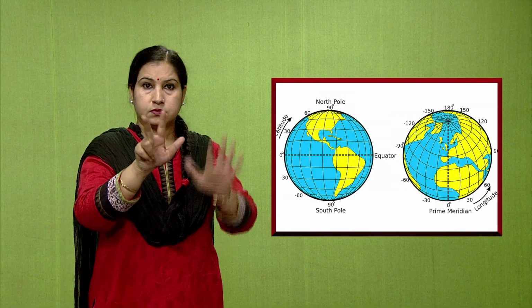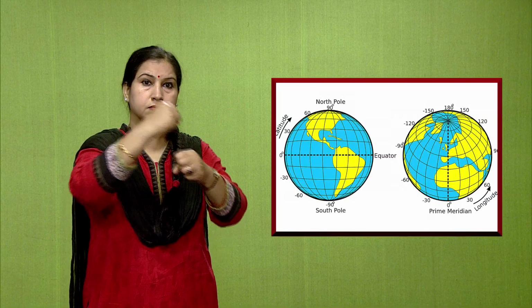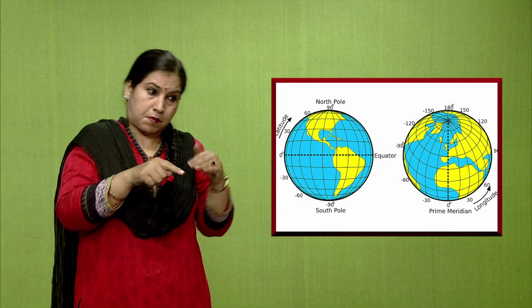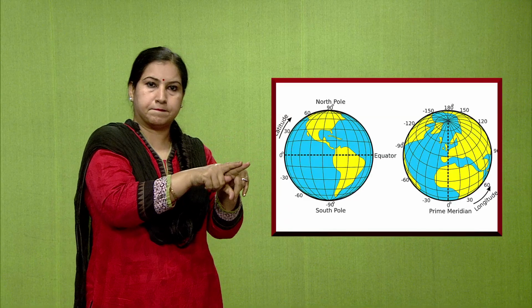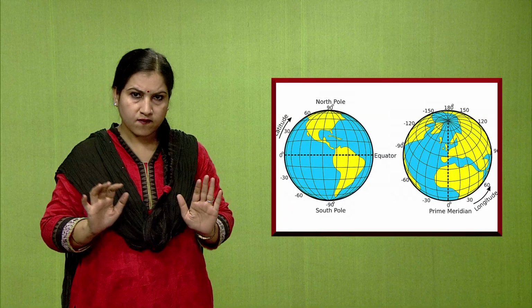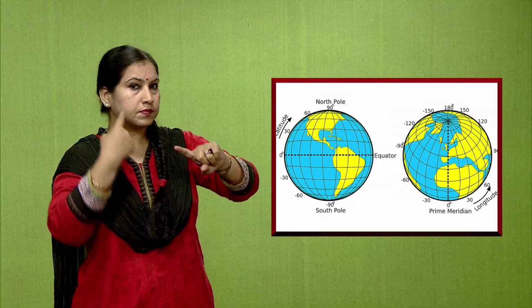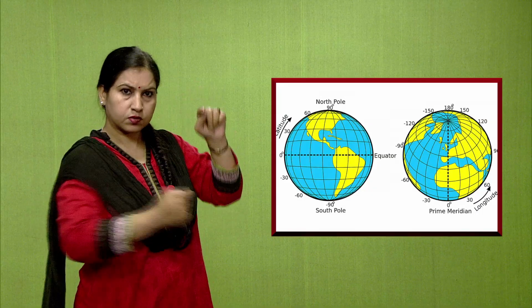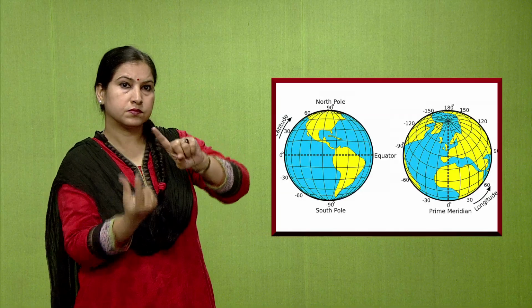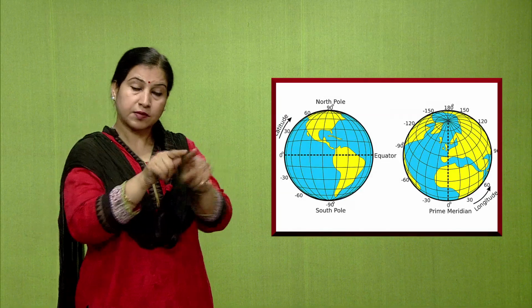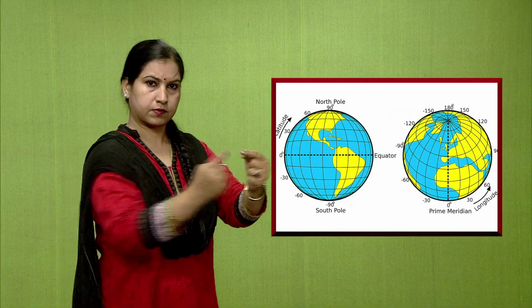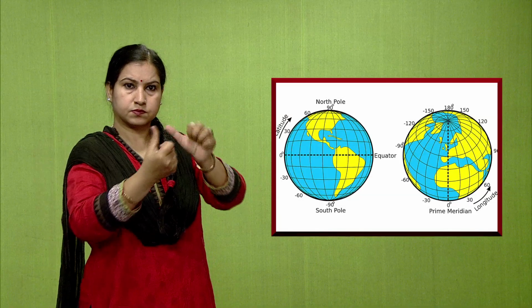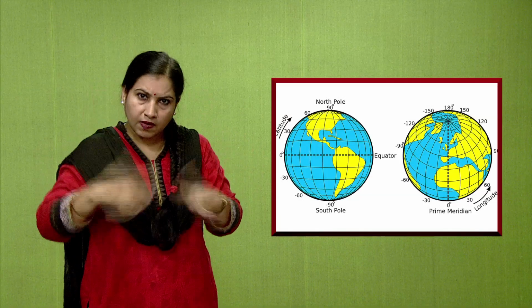West of the prime meridian has similar measures. So now we have understood about latitudes and longitudes, the equator, and the prime meridian.